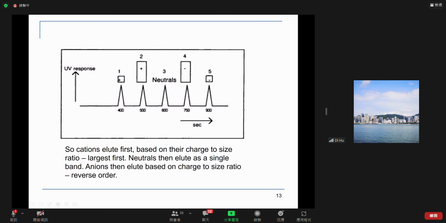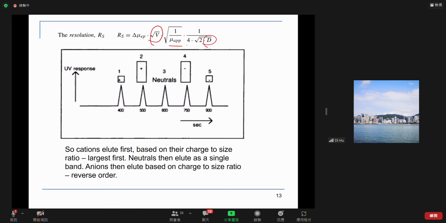The analytes move first based on charge to size ratio, largest one first, and the neutral one comes out later, and then the anions later. Let's look at this one. The resolution of this analysis is also related to mu EP, the voltage, the diffusion coefficient, and the apparent velocity.